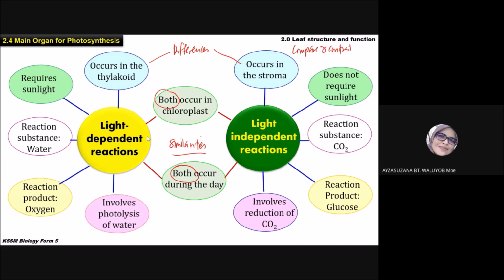Light dependent reaction involves photolysis of water. Kenapa photolysis of water? Dia nak hasilkan oksigen tadi. This one involves reduction of carbon dioxide using energy from the light dependent reaction. So this is the comparison between the light dependent reaction and light independent reaction.